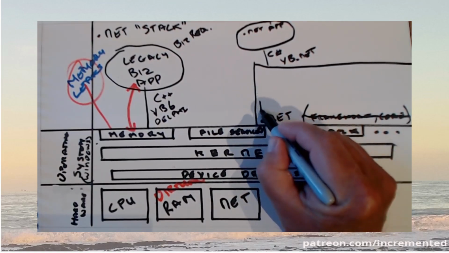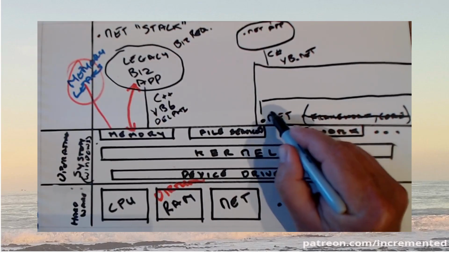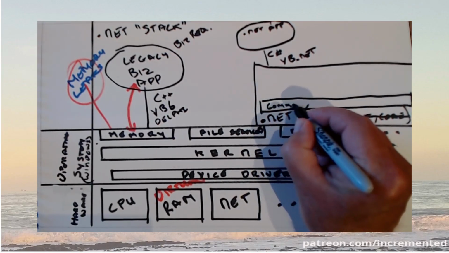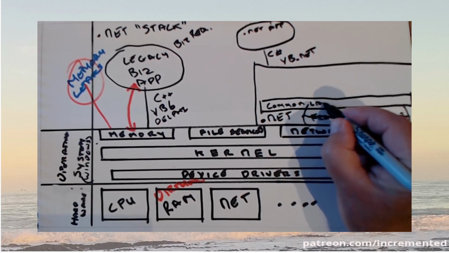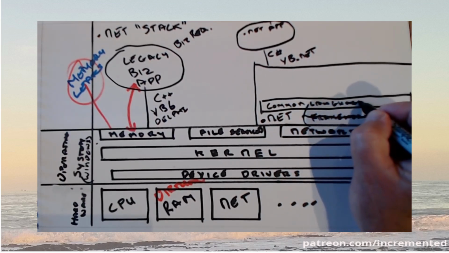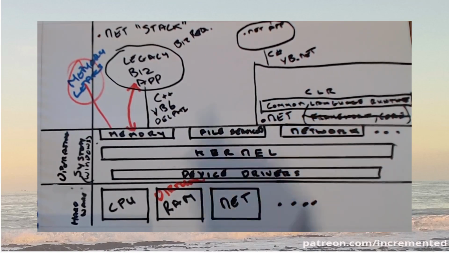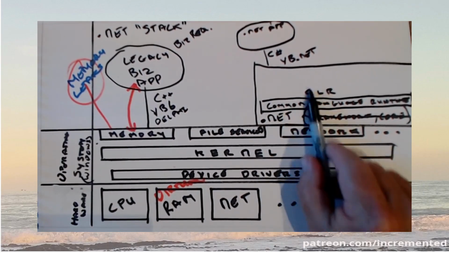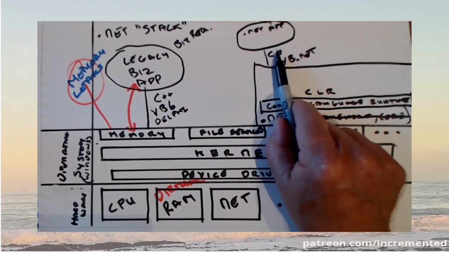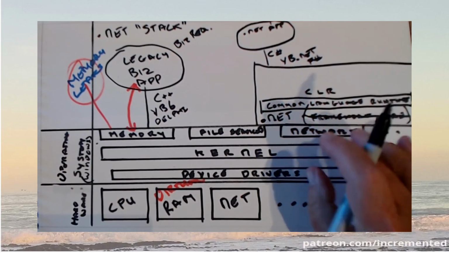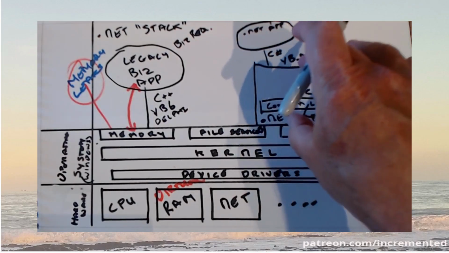The point is that inside the .NET framework, there's a mechanism called the Common Language Runtime, or quite simply, CLR. The Common Language Runtime is the mechanism within .NET that allows these various programming languages to be supported and to execute.